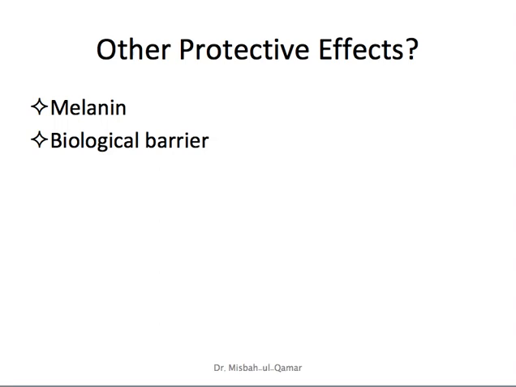Melanin protects from the harmful rays, and this biological barrier is provided by the Langerhans cells which are present in the epidermis. I already told you about these cells. And in the dermis, there are macrophages and mast cells which provide this immunological function.